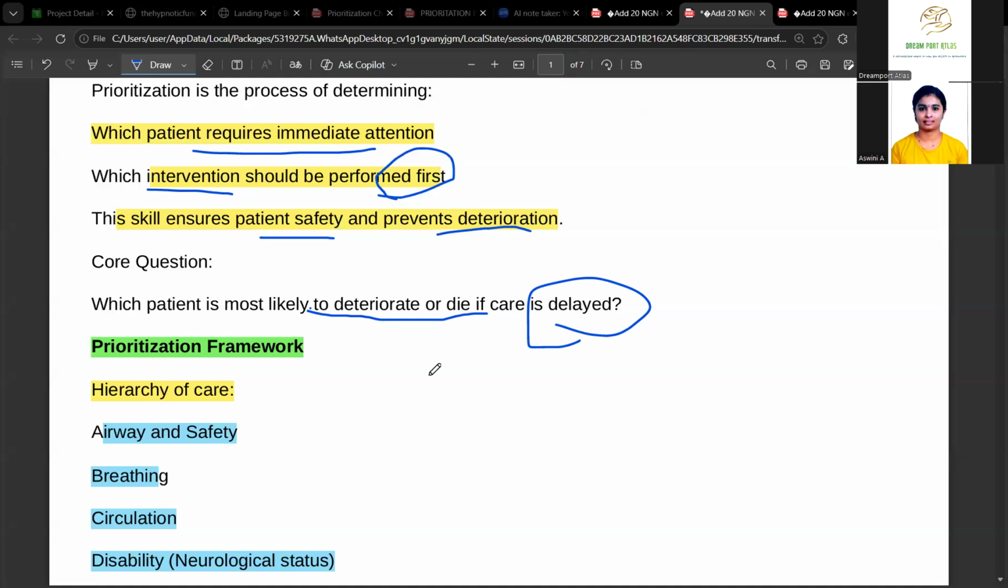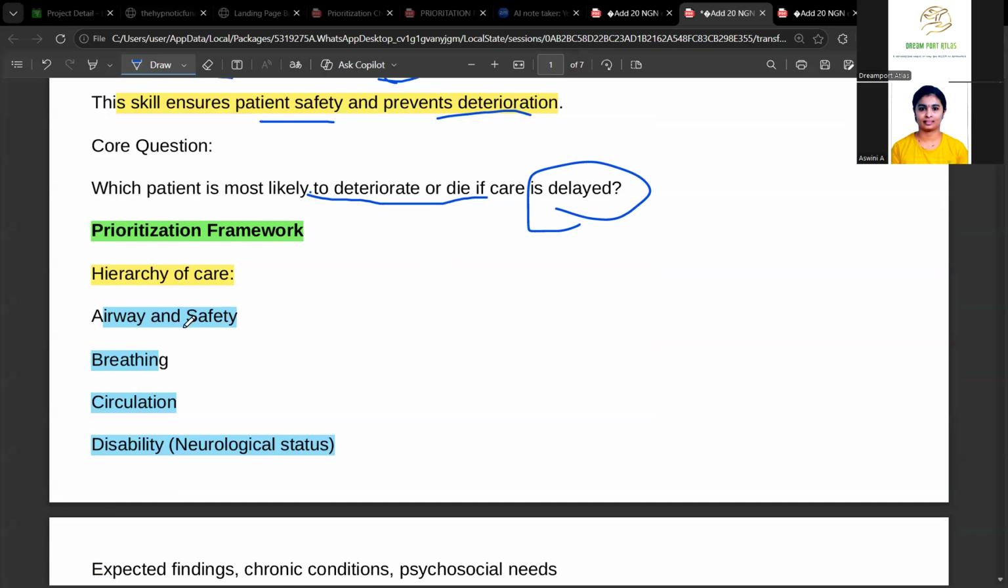The main hierarchy of care, as I said, has first priority as airway and safety. That means we need to apply the airway theory. We need to check whether the airway is intact or patent, or whether it is obstructed, for example by a foreign body, or the client is not able to breathe properly.